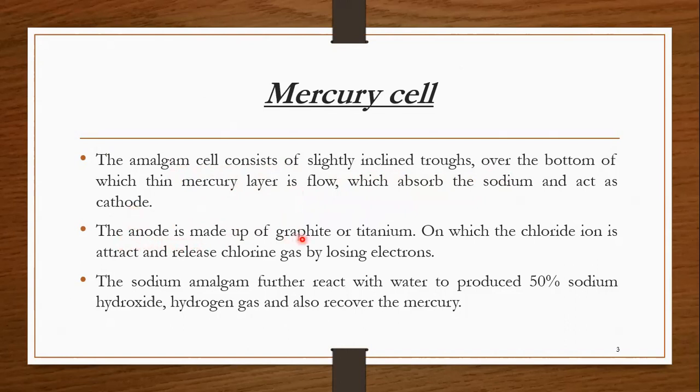The anode is made of graphite and titanium, on which the chloride ion is attracted and releases chlorine gas by losing electrons. When mercury reacts with sodium, they form sodium amalgam, which further reacts with water to produce 50% sodium hydroxide, hydrogen gas, and also recovers the mercury.